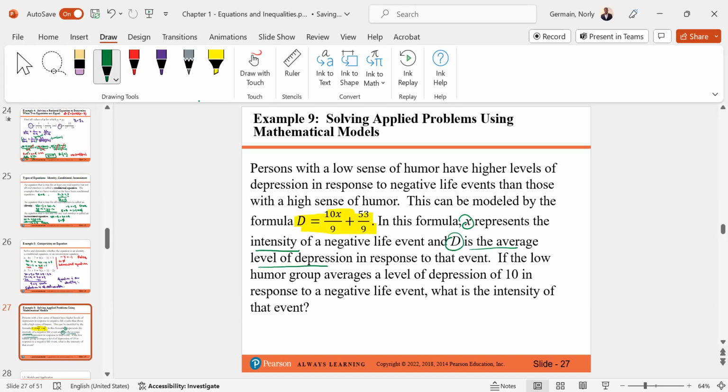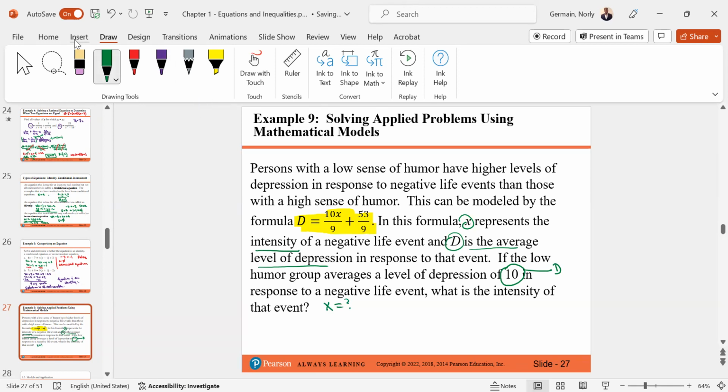If the low sense of humor group averages a level of 10, what do you think 10 represents? That represents D. So if D is 10, when they ask you what is the intensity of the event, they ask you to find X.